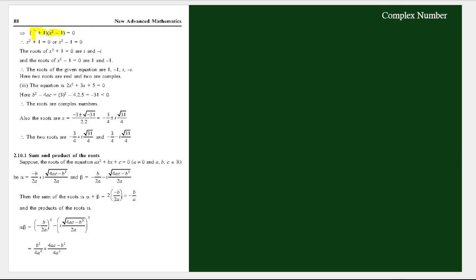Okay, so one of them will be x square plus 1 equal to 0, another will be x square minus 1 equal to 0.